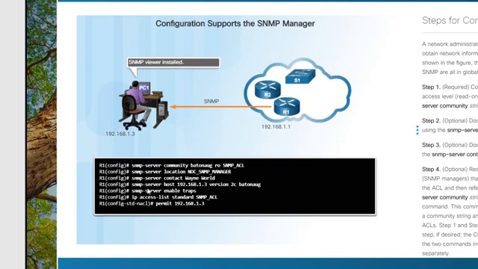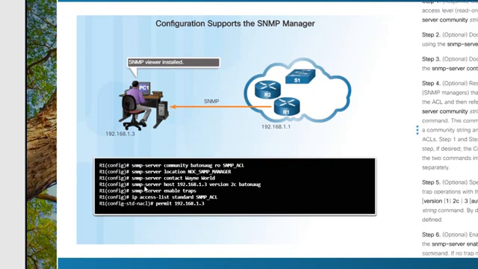SNMP server host. Now this SNMP server host is only if you want to configure a host that is going to receive traps messages. So if you are going to put an SNMP server host, the IP address of that host, you've got your version. Which version is it? Is it 1, 2C, or 3?